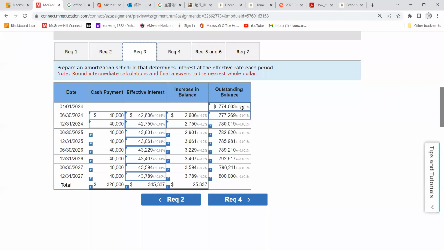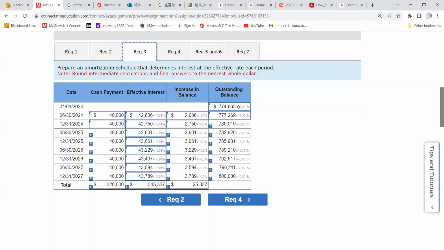Again, be careful about your rounding. Only the cash payment, so we have the whole dollars, or all 40,000 for all of the 8 periods. But for the effective rate and all of the rest of the 3 columns, we have some rounding happened.